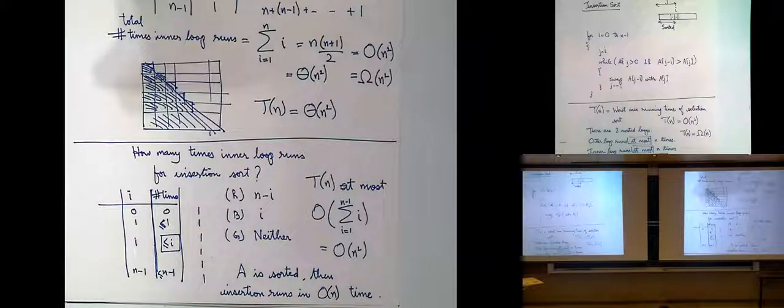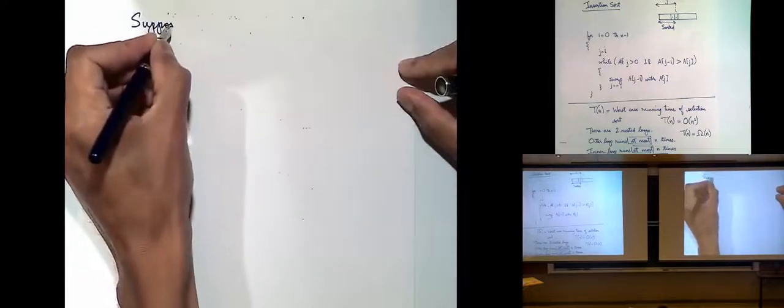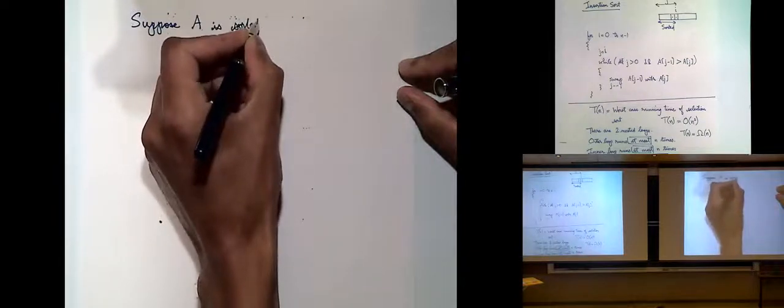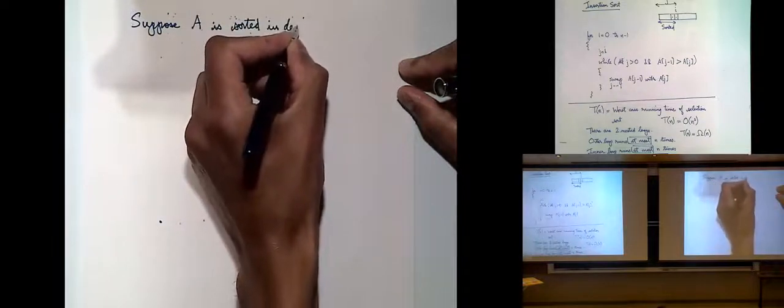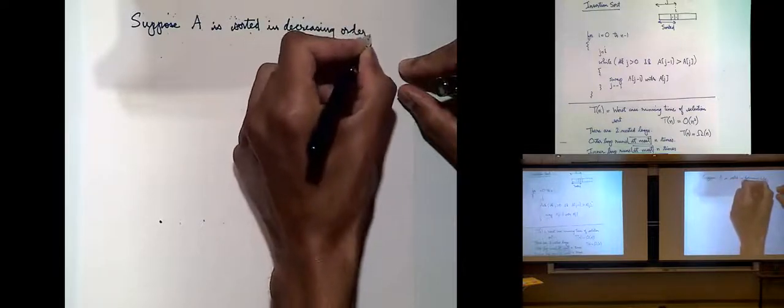So if the list was completely reversed, okay, so I'll write this down. This is important. Suppose A is sorted in decreasing order. Or you can even be more specific.